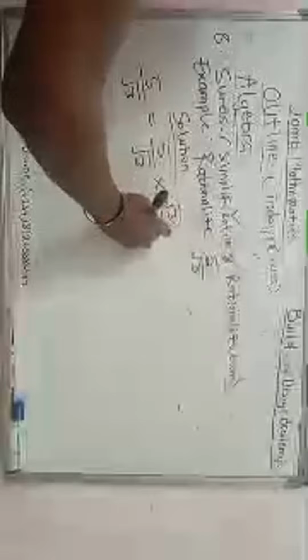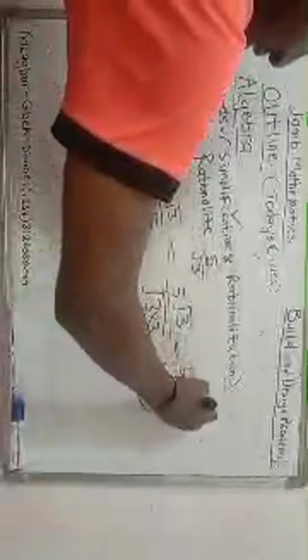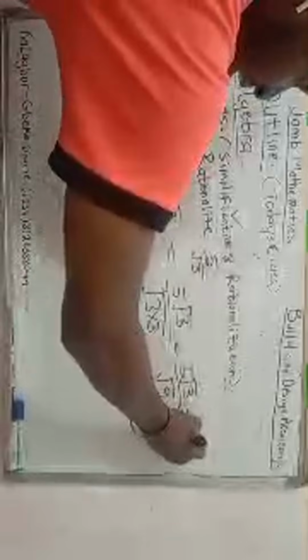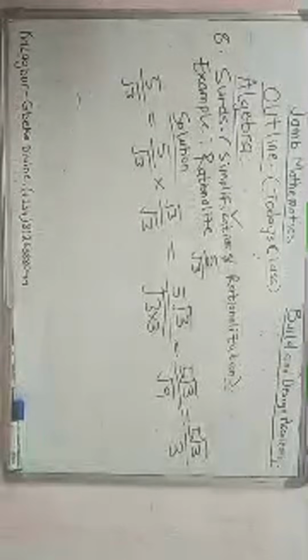If we multiply this, we will have 5 root 3 over root 9, which is 5 root 3 over 3.